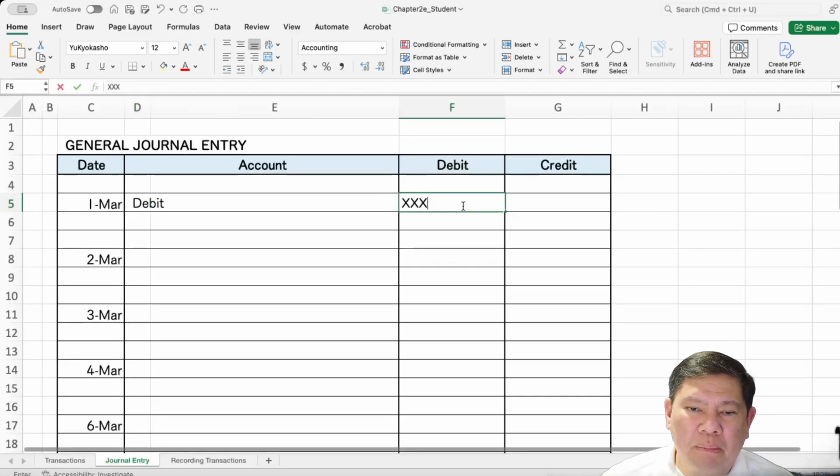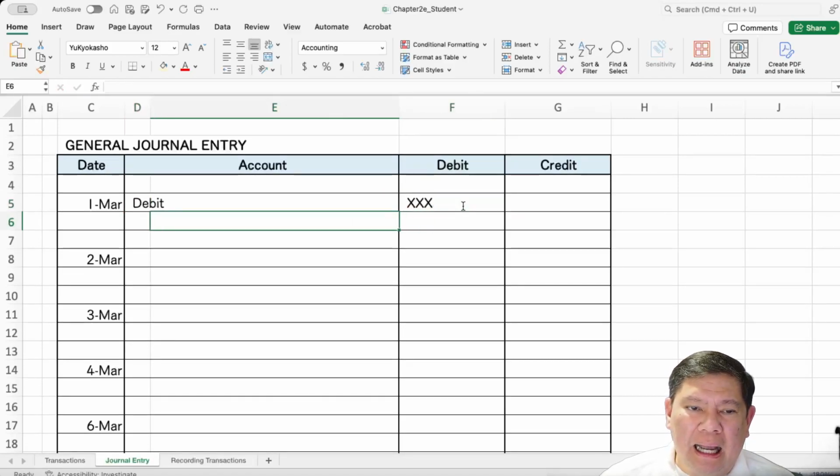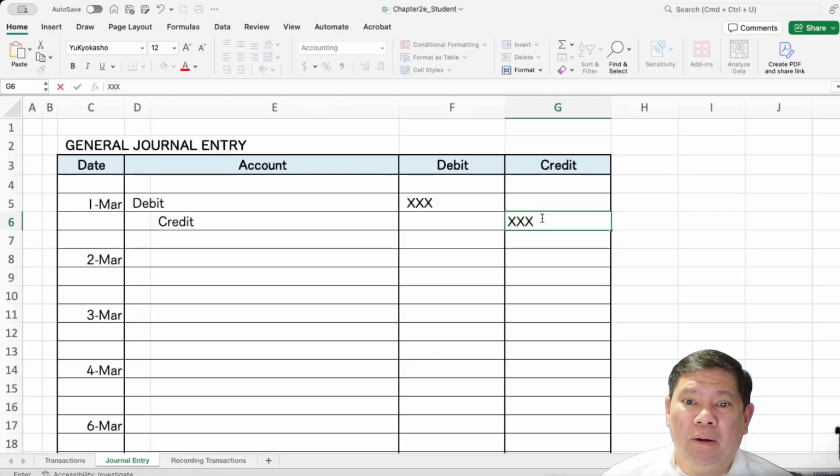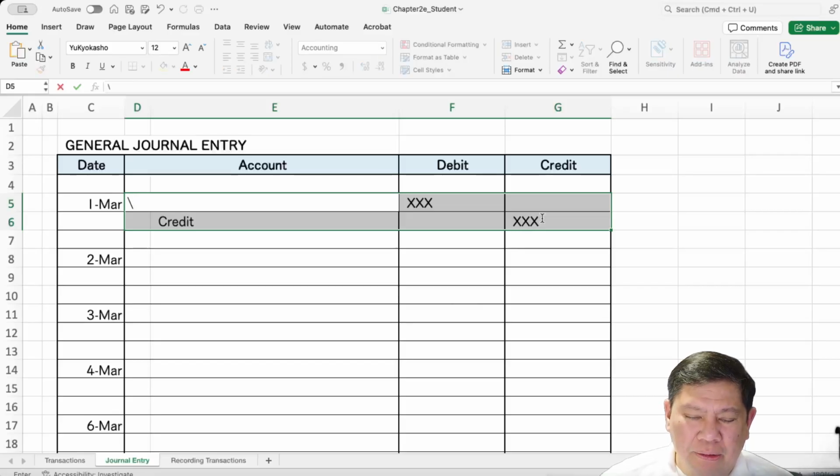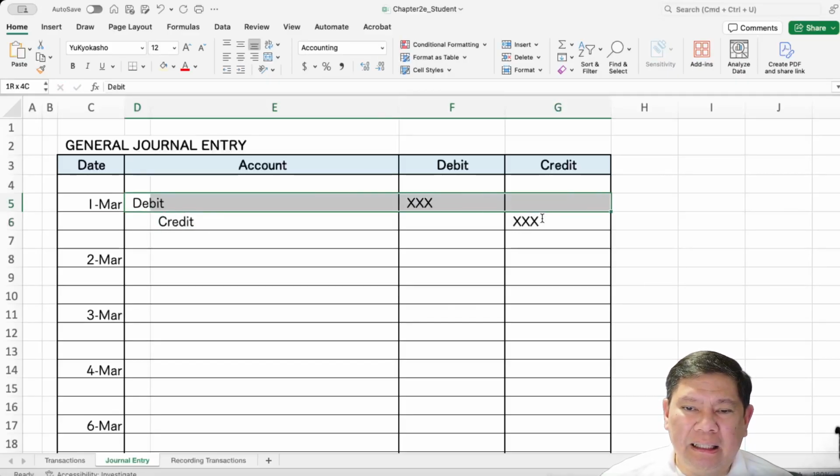We put the amount on debit, and then the second account affected by the transaction will be a credit. So we will put it a little bit indented like that, and then we put the amount here. Okay, so we're going to use this format and we'll see how each transaction is recorded.